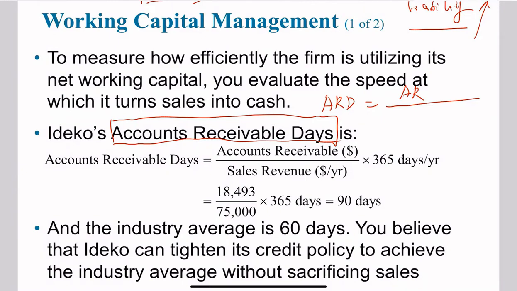That is your sales divided by the number of days. So obviously, sales divided by 365 gives you daily sales. And then you can see that this accounts receivable days basically measures how many days this firm takes to get its money from its customers.